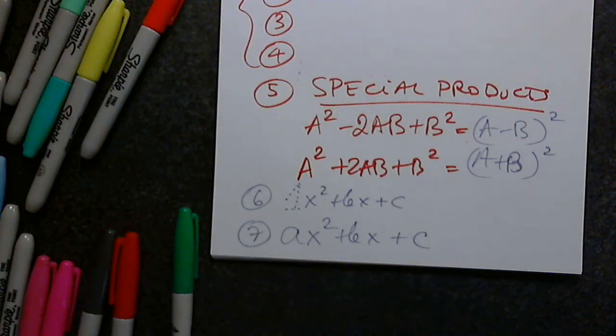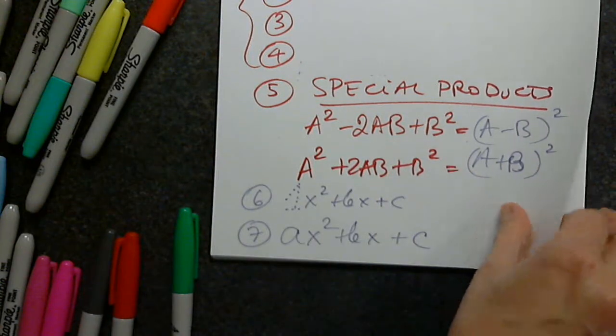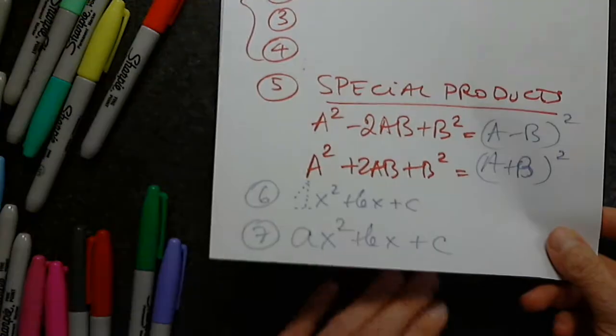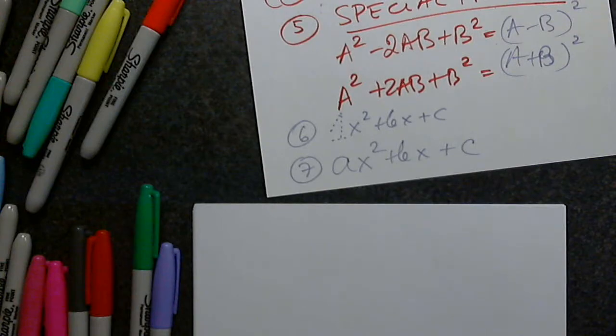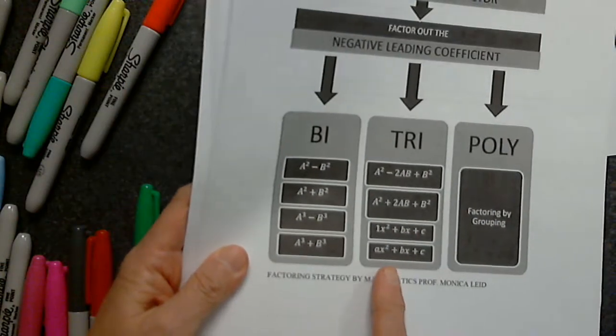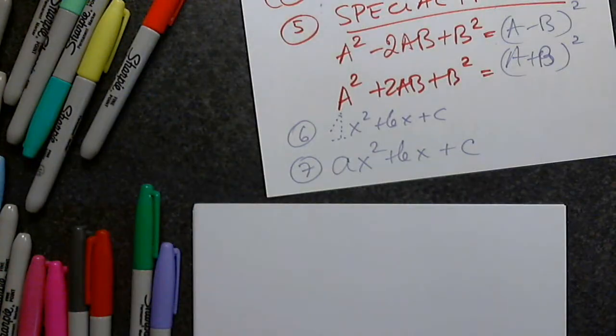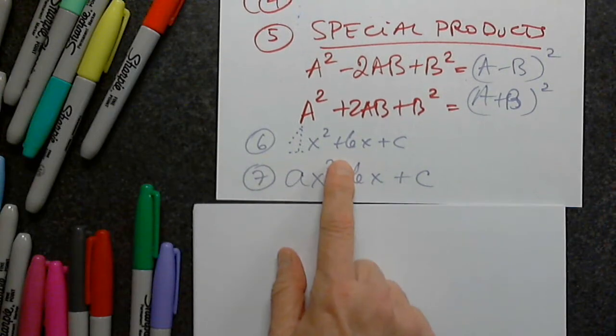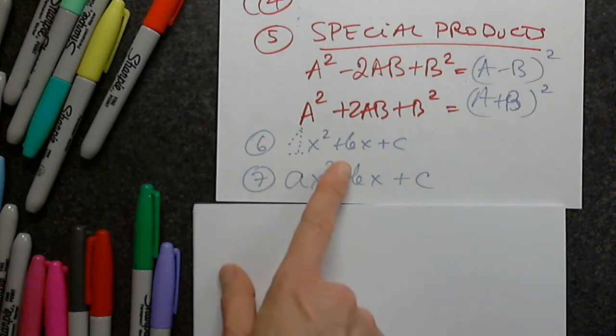Okay, so let's work on a few problems and see. They're right here, just in case you miss anything. These 2: 1 x squared plus bx plus c, and the other one a x squared plus bx plus c. Okay, back to my handout. Yes, I forgot that they're B's.